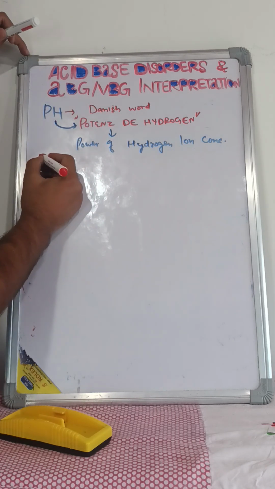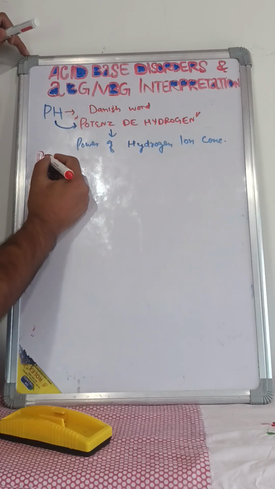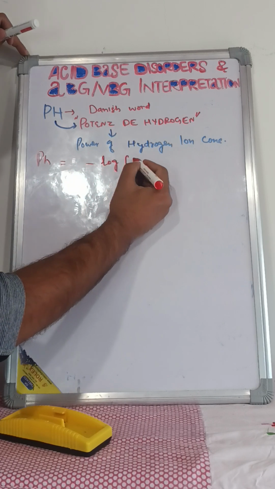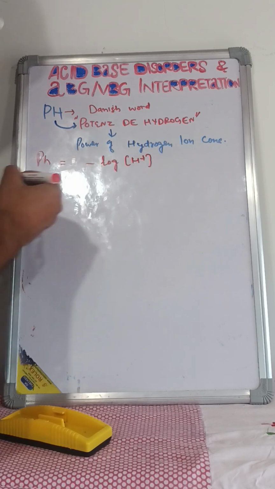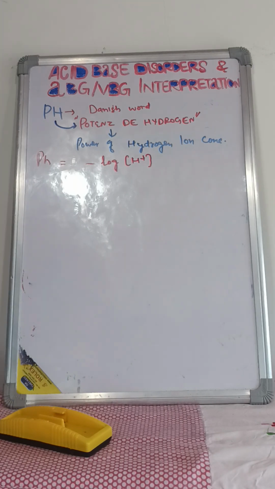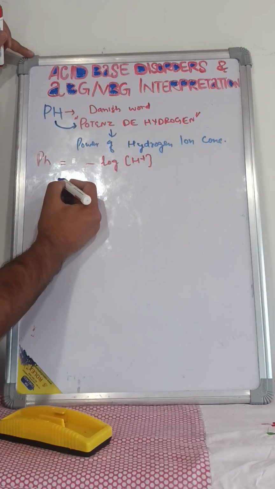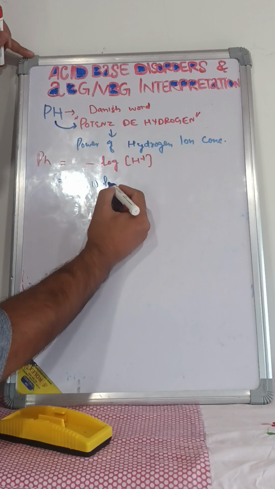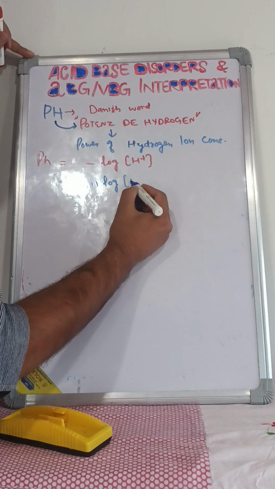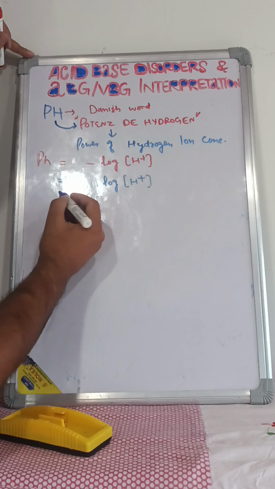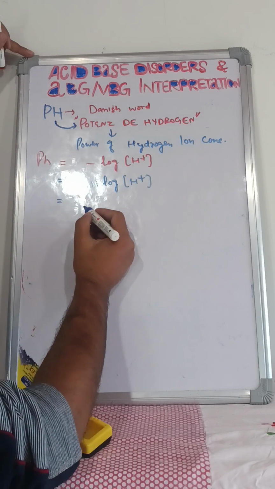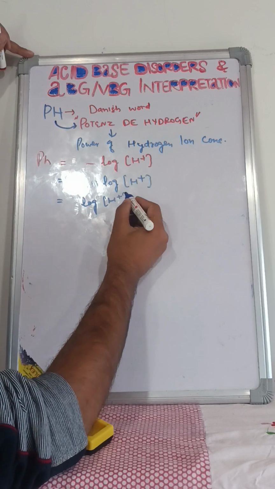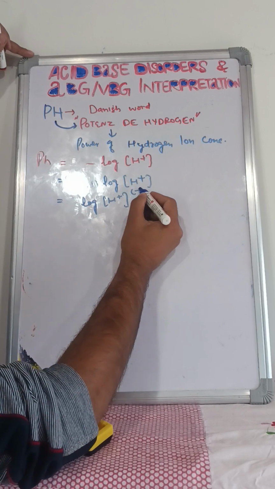Yes, pH is represented mathematically as pH is equal to negative log of hydrogen ion concentration. Negative logarithm of hydrogen ion concentration. Or it can also be written as -1 times log of H positive concentration. Or it can also be written as log of H positive concentration raised to power -1.